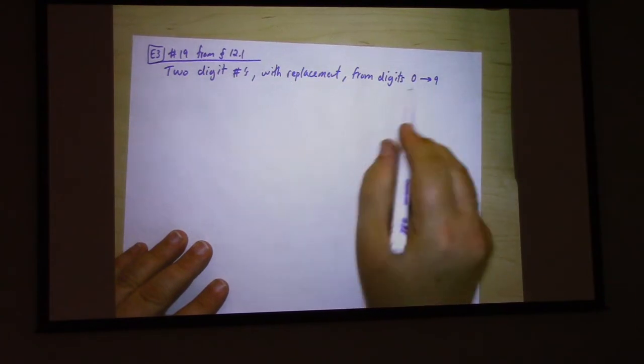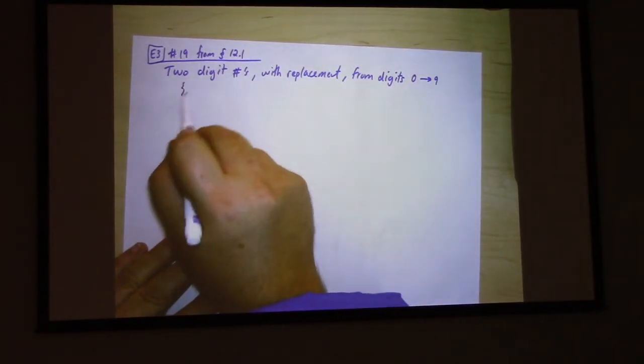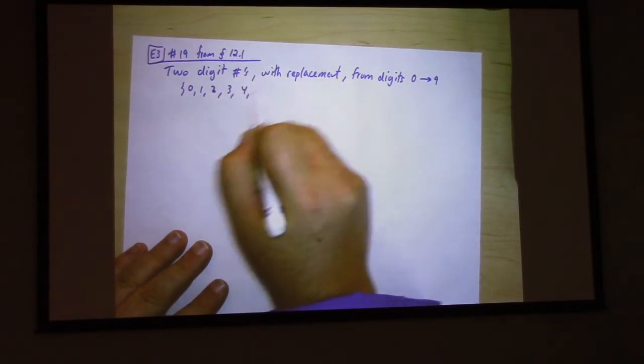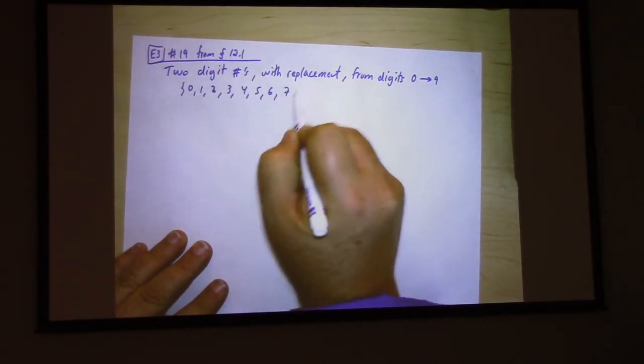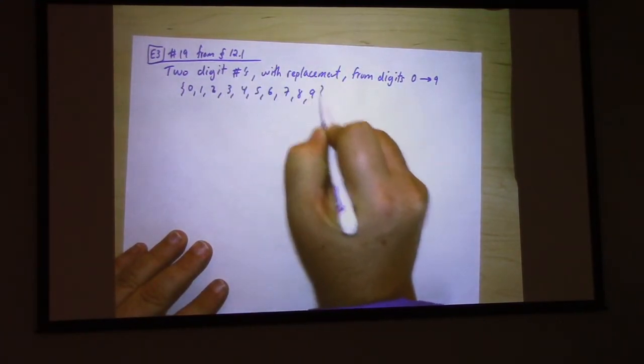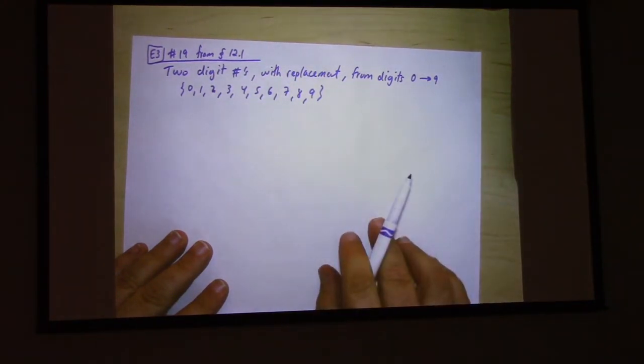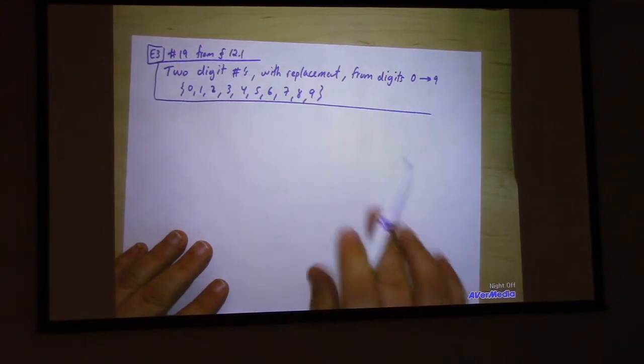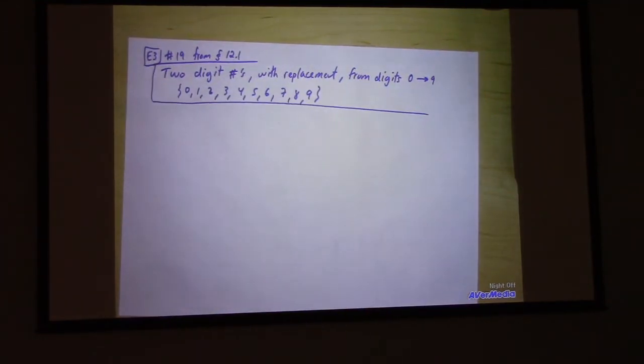Now digits 0 to 9, what are those? You got 0, 1, 2, 3, 4, 5, 6, 7, 8, 9. Those are your digits from 0 to 9, right? So how big is your sample space for each one of these experiments? Think of the experiment as the picking of the digit.